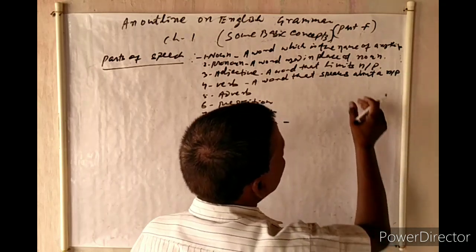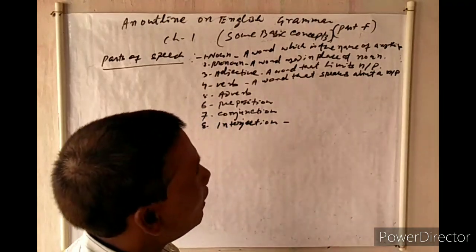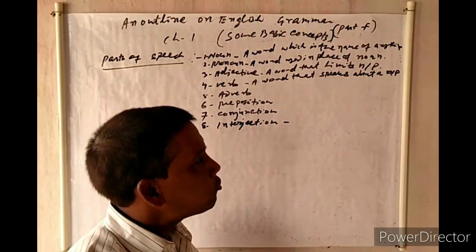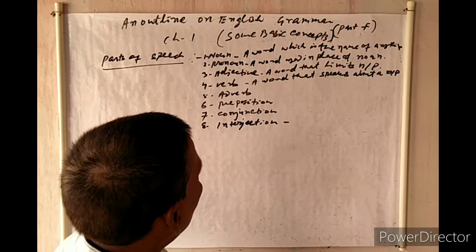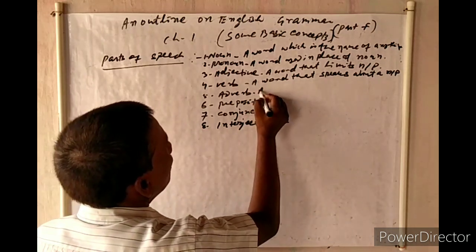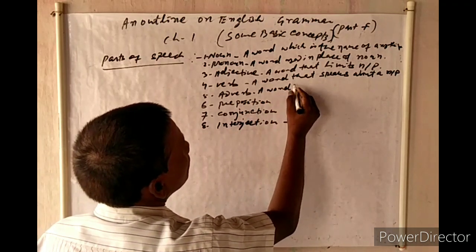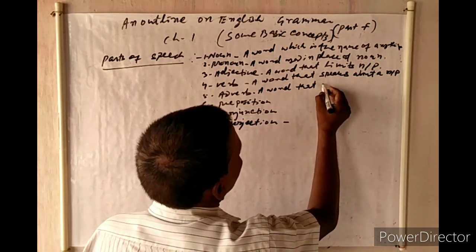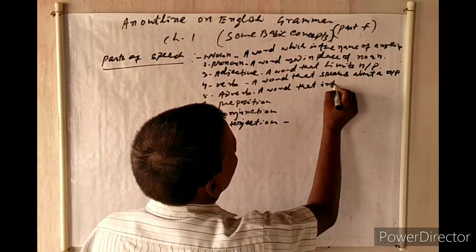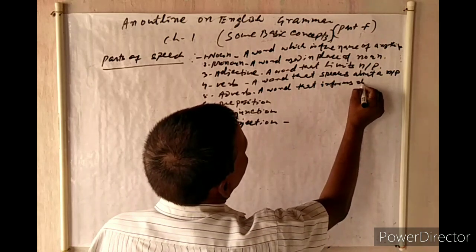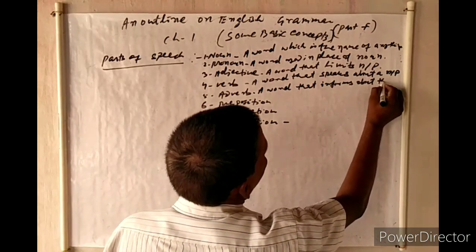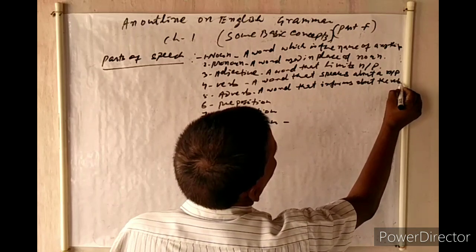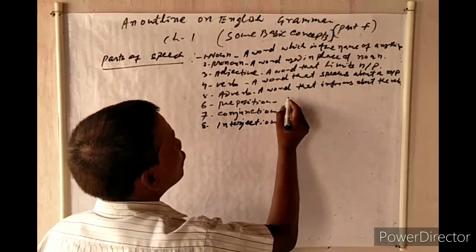Here N is the short form of noun, and P stands for pronoun, so you will not be confused about that. An adverb is a word that informs about the verb.